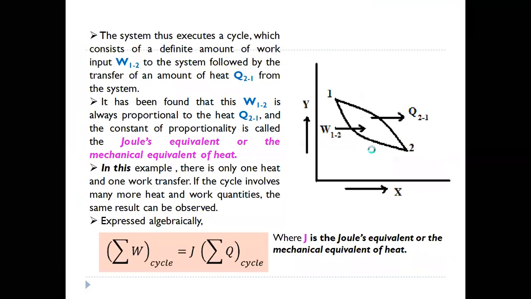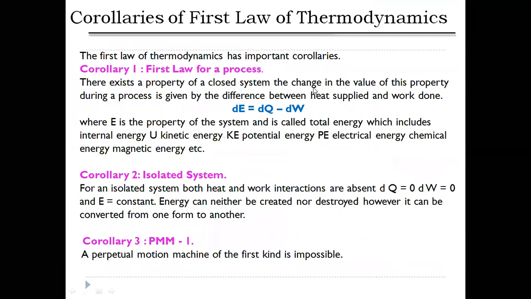To explain clearly, if you take any body, any system, and you apply some force or give some work to the system, for example 10 kilojoules, the system will not take all the 10 kilojoules.